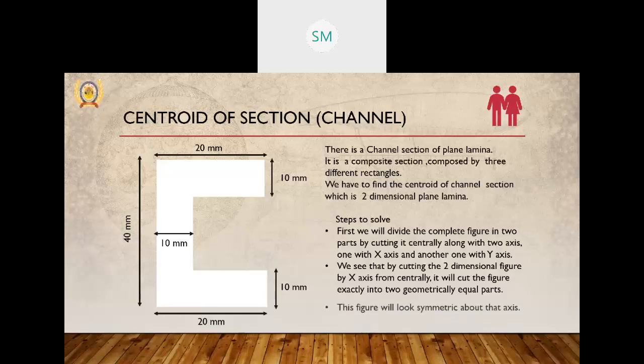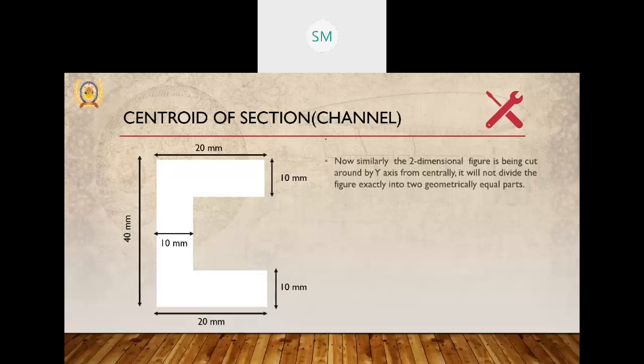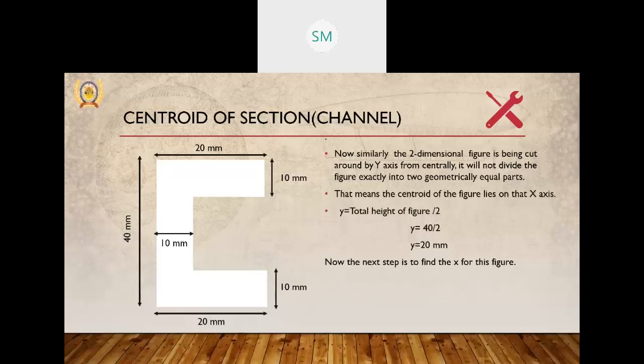It means the figure is symmetric about the x-axis. But if we cut by the y-axis, it will not divide into two geometrically equal parts. That means we know y bar. Y bar will be the total height of the figure divided by 2. Total height is 40 mm, so 40 divided by 2, y bar will be 20 mm.